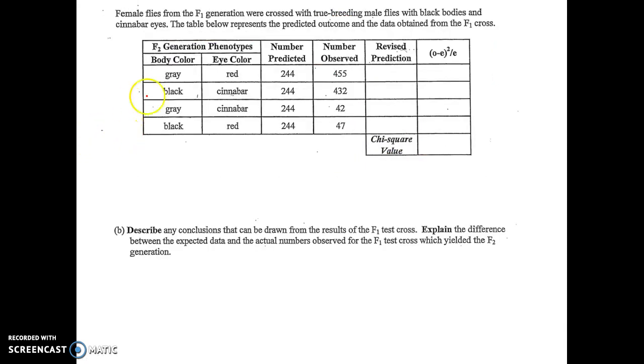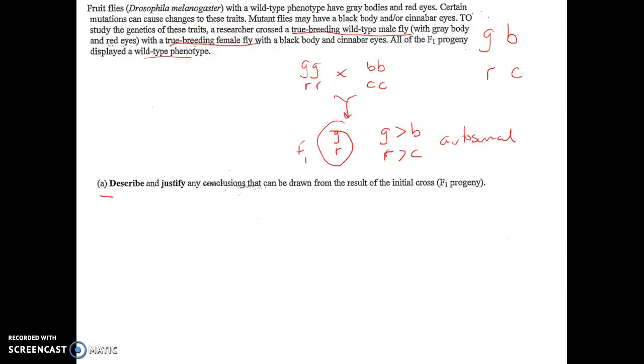So when we look at the rest of this question, it says female flies from the F1 generation were crossed. Let's go back to the F1 generation for a second. You know that all these flies in this F1 generation are going to be heterozygous here and heterozygous here, because the only gametes that this parent can make are this, and the only gametes that this parent can make are this right here.